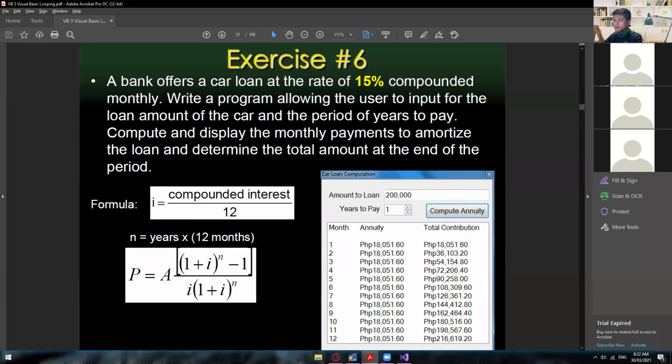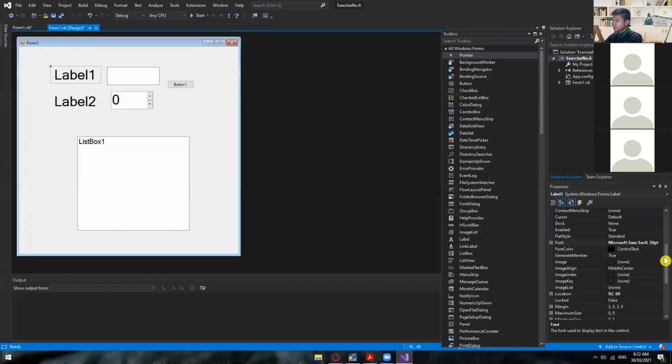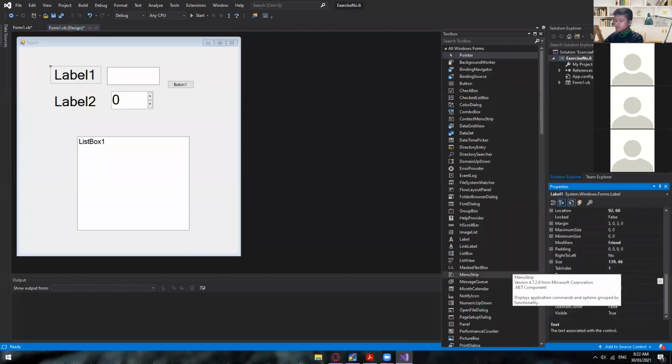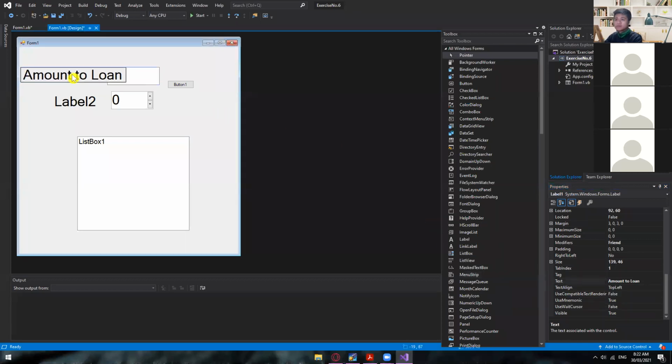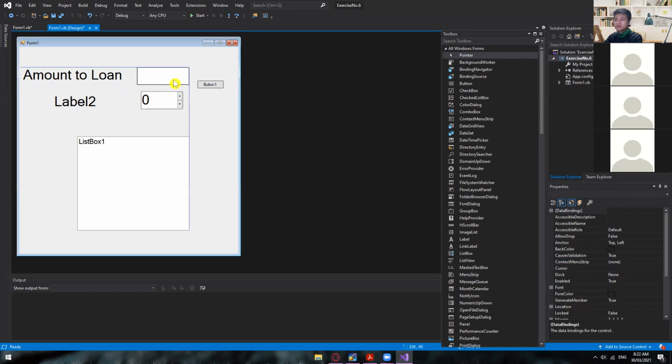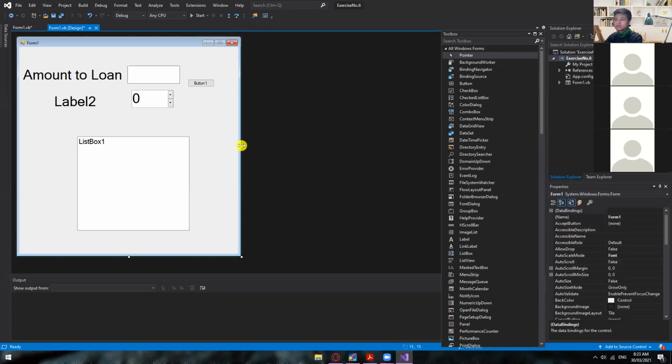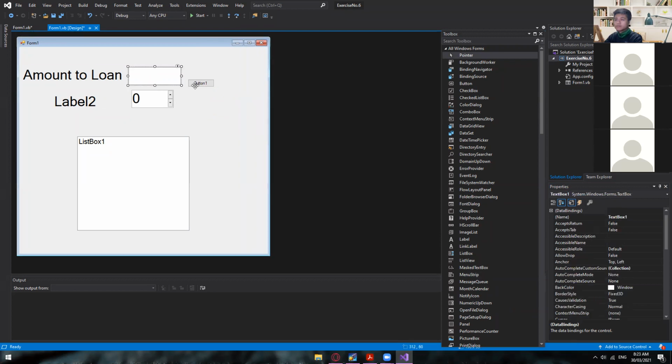So we have here amount to loan and then years to pay. Amount to loan. And years to pay.